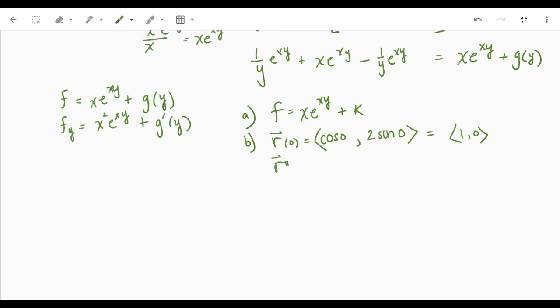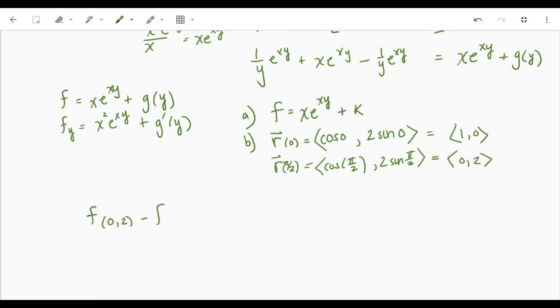R of pi over 2 is going to be cosine pi over 2, sine pi over 2. So that's going to give me 0, 2. So I only need to evaluate it at those two endpoints. So f of 0, 2 minus f of 1, 0.